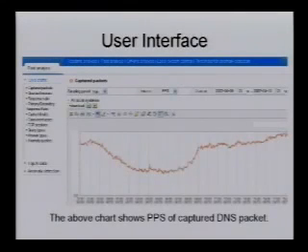This slide shows the system's user interface. Actually, all Korean characters of this user interface have been replaced with their corresponding English representations.